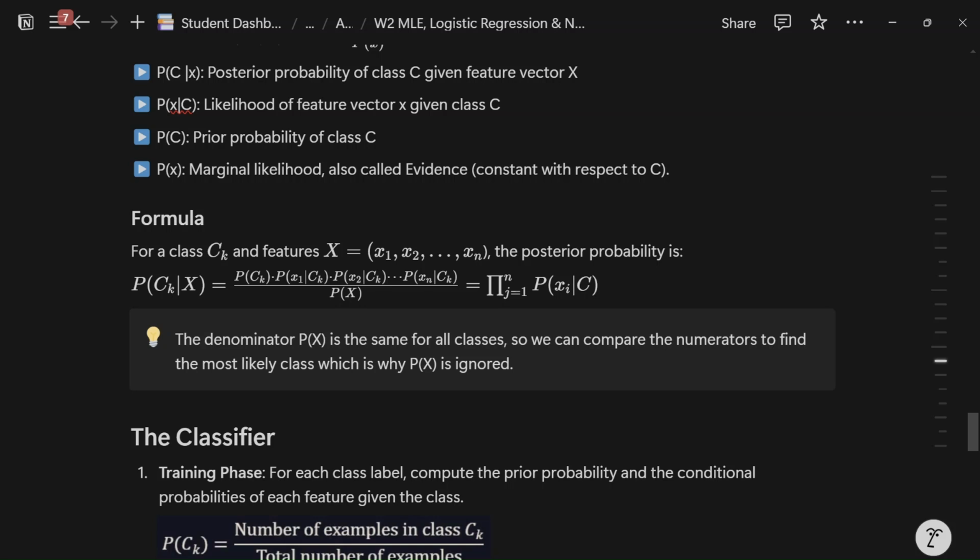So the probability of each class would add to 1 because either they have the disease or they don't have the disease. There's nothing else. There's no conditional probability involved in that part.